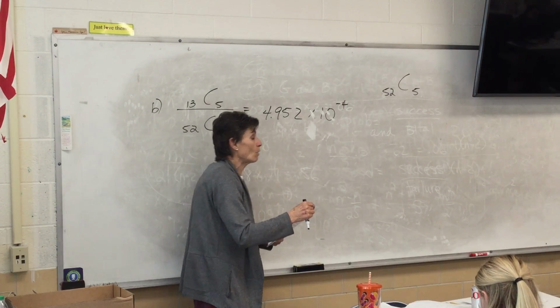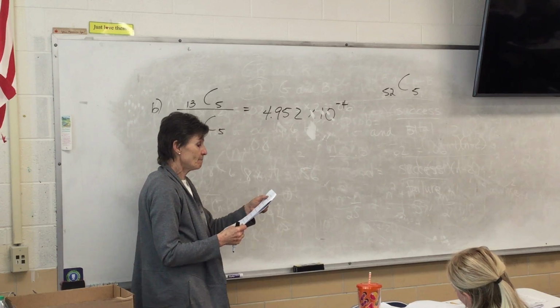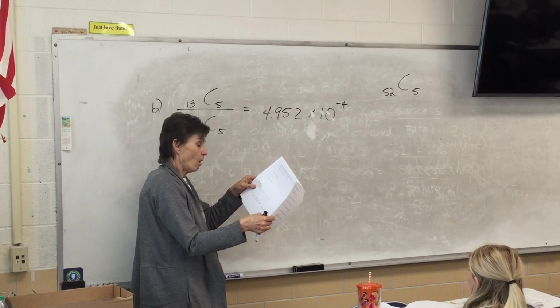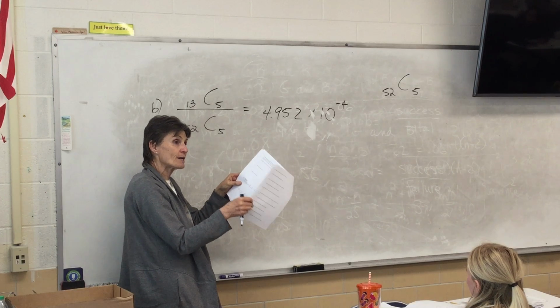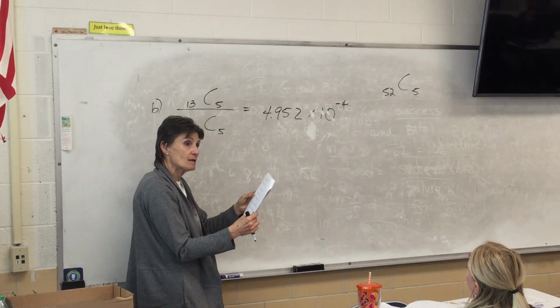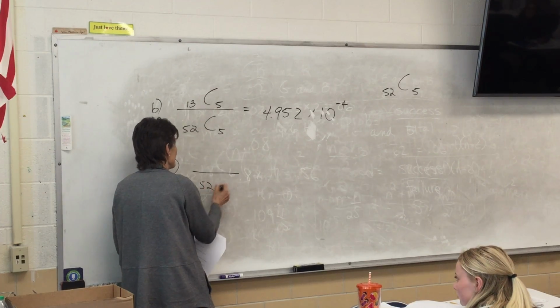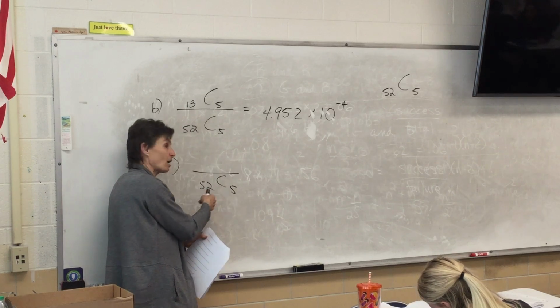All right, just a few more and then we'll be done. All right, what's the probability? Now notice, all of these problems, the whole page of them, are all 5-card hands from a standard deck. So every time it says, what's the probability, your denominator is going to be that. That is not going to change.